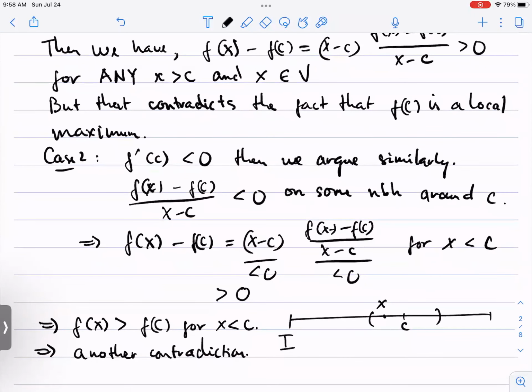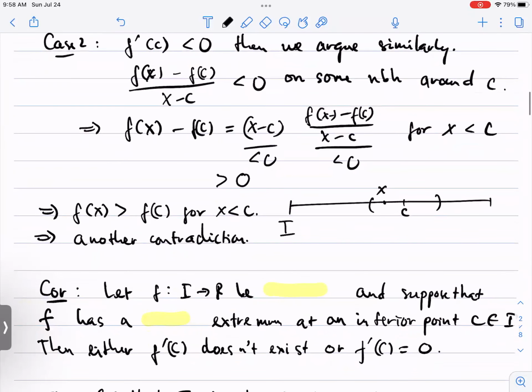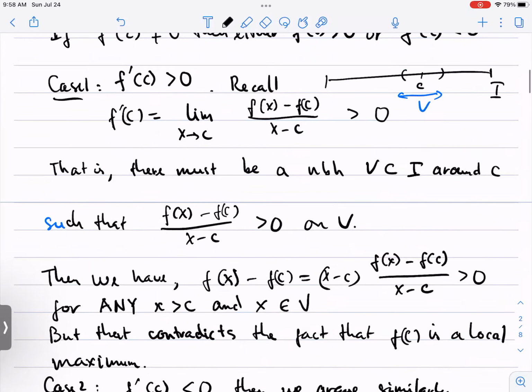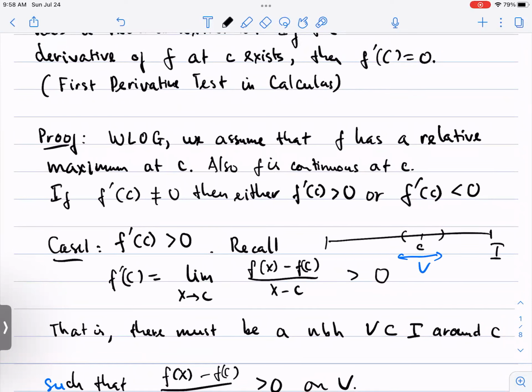For the second case, we argue in a very similar manner, just reversing the appropriate inequality and also arriving at a contradiction. So both cases cannot happen. That's why f prime of c must be equal to 0. Right? There are only 3 different cases.